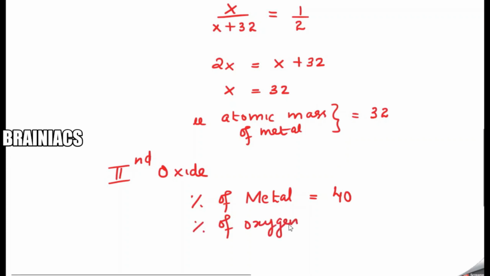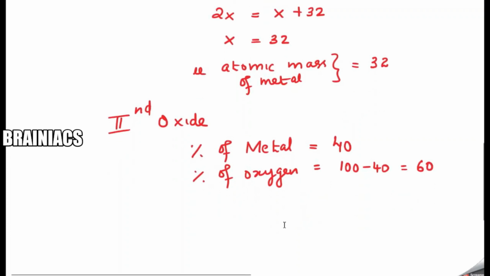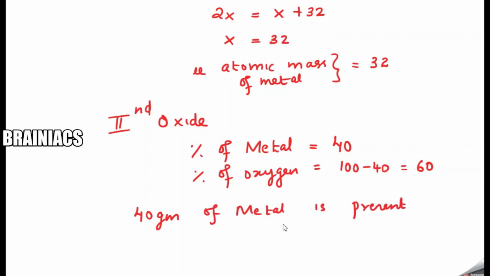If 40 percent is metal, that will be 100 minus 40, and that will be equal to 60. So what is the meaning of that actually? Percentage of metal is 40 means 40 gram of metal is present in 100 gram of metal oxide. Correct.